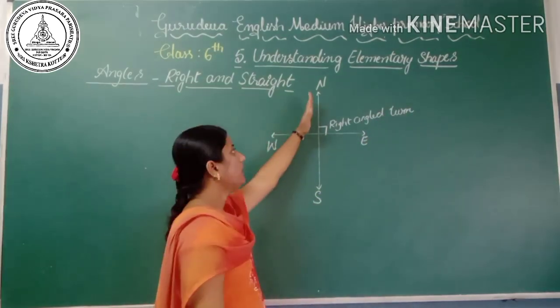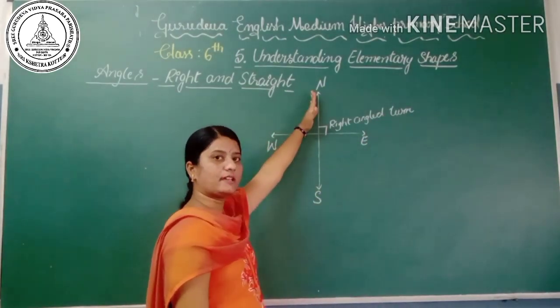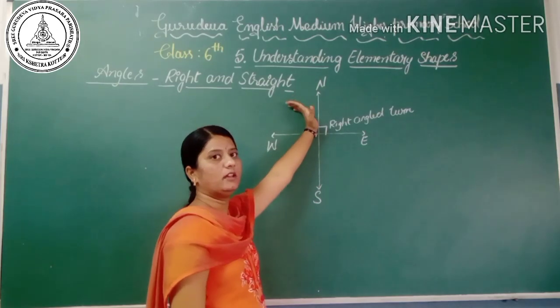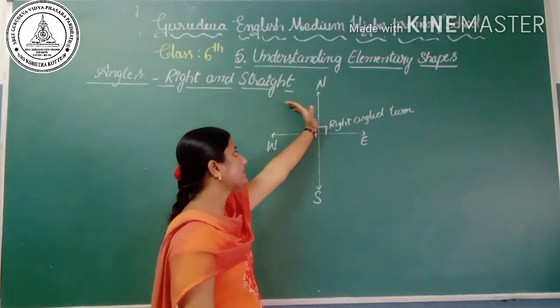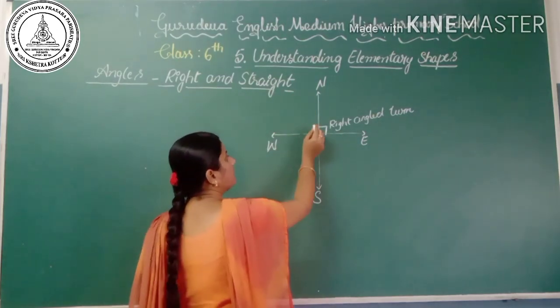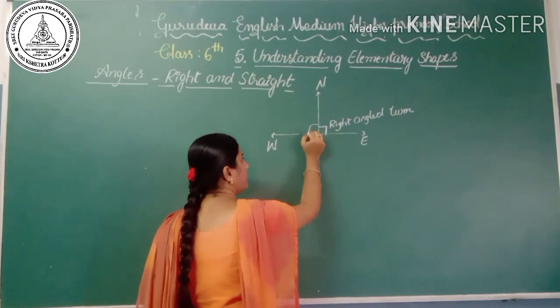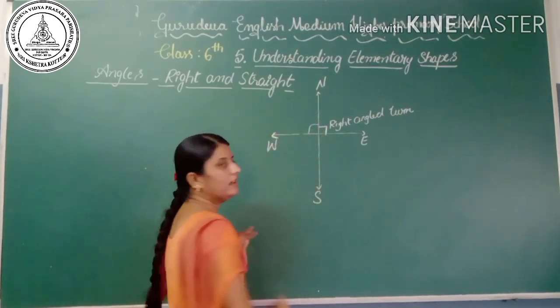So if you turn in the anti-clockwise direction from facing the north, which direction will you face now? If you turn in the anti-clockwise direction, you will face the west, right?